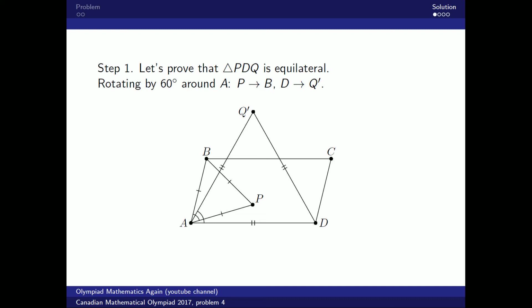In the problem setting we had the equilateral triangle BCQ on the side BC, but now we consider the symmetrical equilateral triangle, symmetrical across the center of the parallelogram. So we see that point D goes to Q prime.